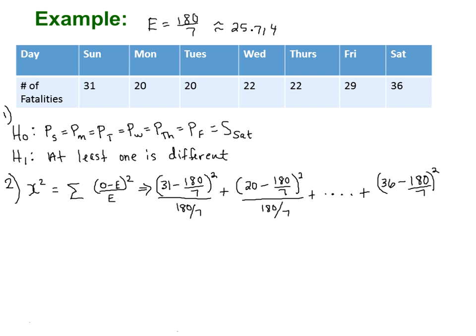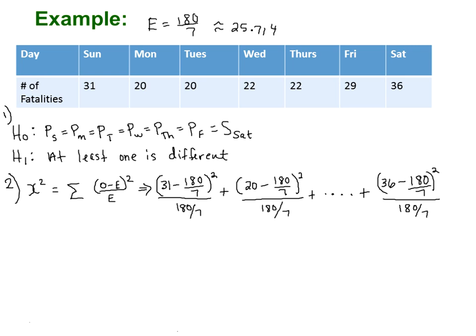So you look at the difference between what you observe and what we would expect, you square the difference, and then you divide it by the expected frequency. You do that for every category, and then you add them all up, and that's your test statistic. Now, that might seem like a lot of work.